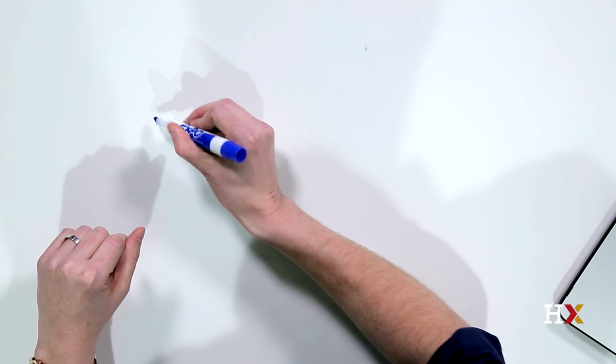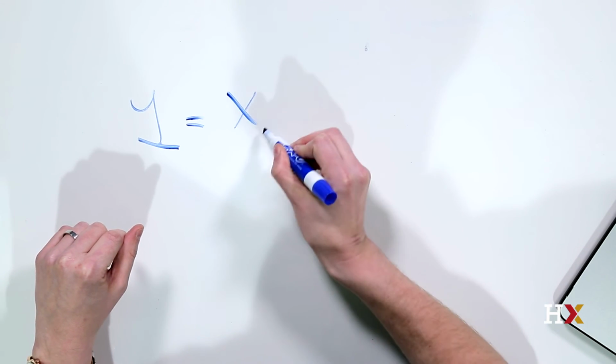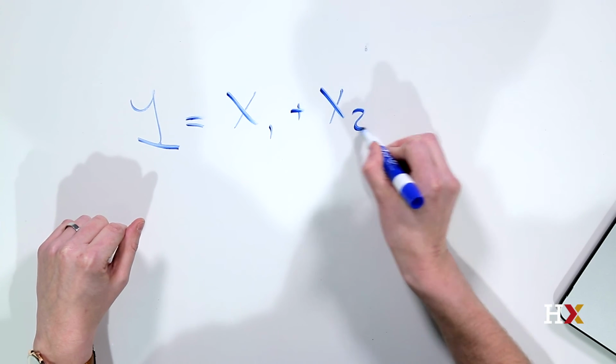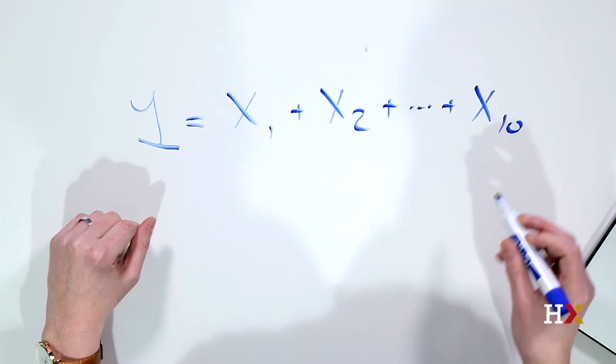Consider now rolling not one die, but 10 independent dice denoted with x1 to x10. We're going to define a new random variable called y, which is a sum of all of the 10 x variables. In other words, our new random variable y is going to be equal to x1 plus x2 plus all the way up to x10.